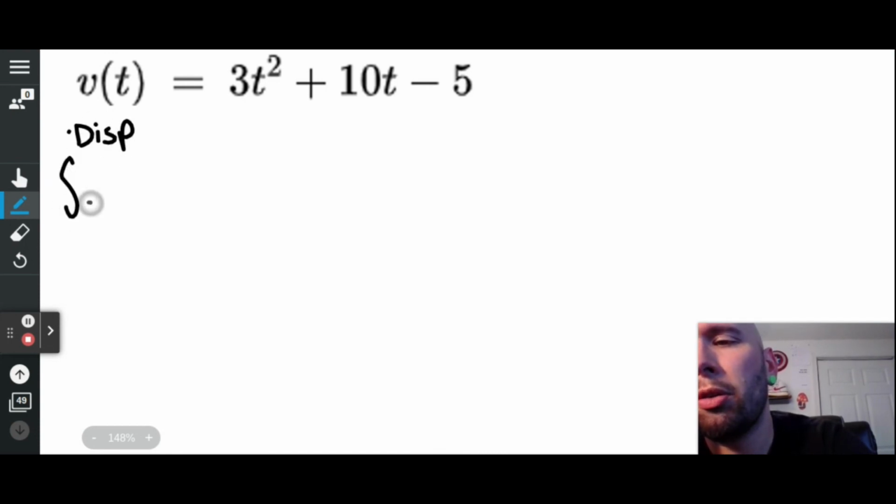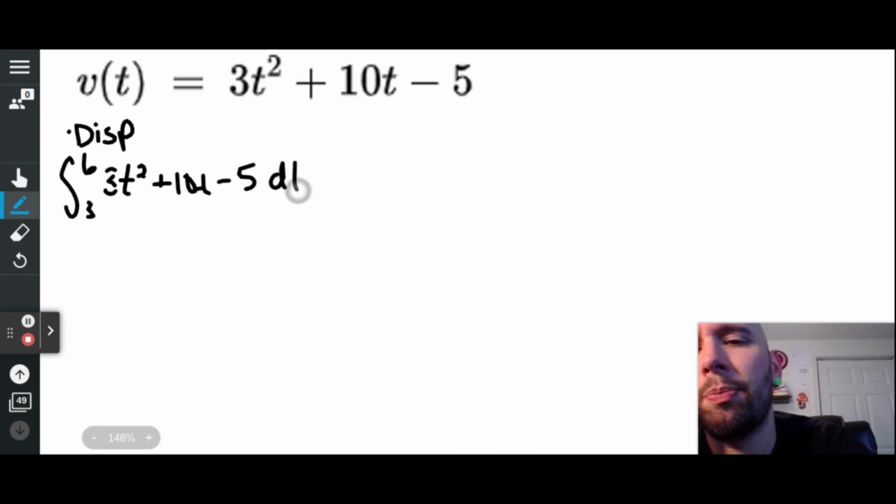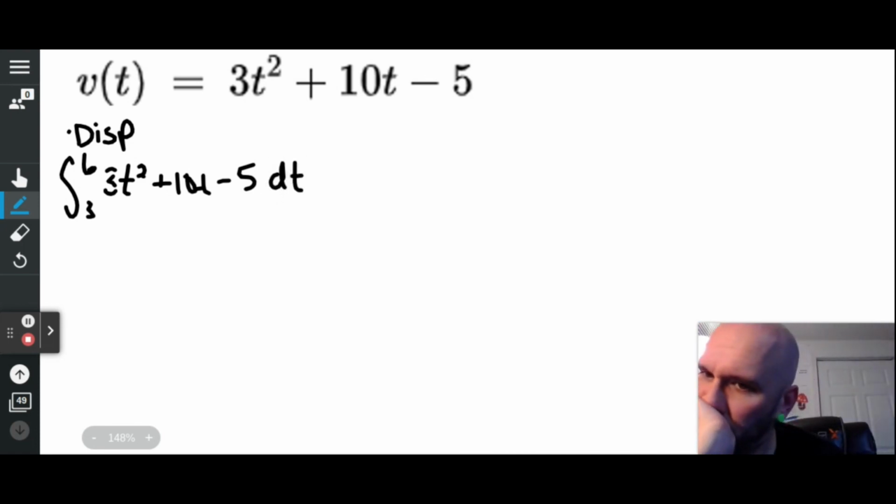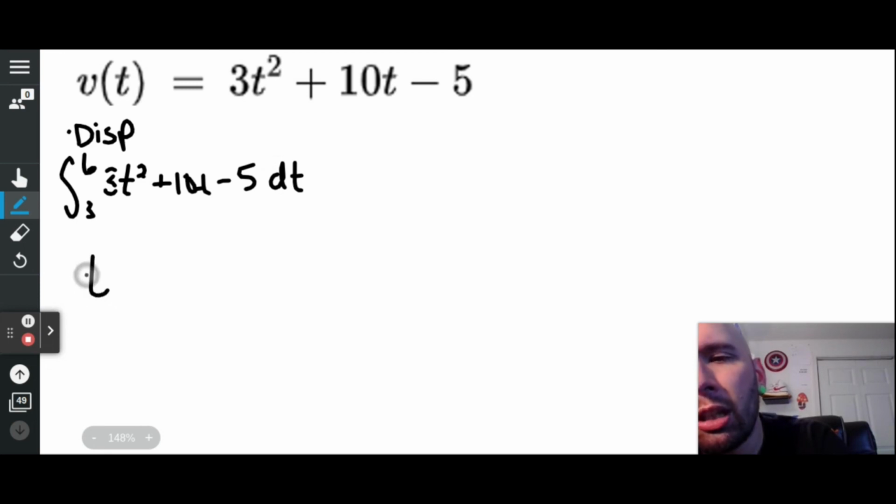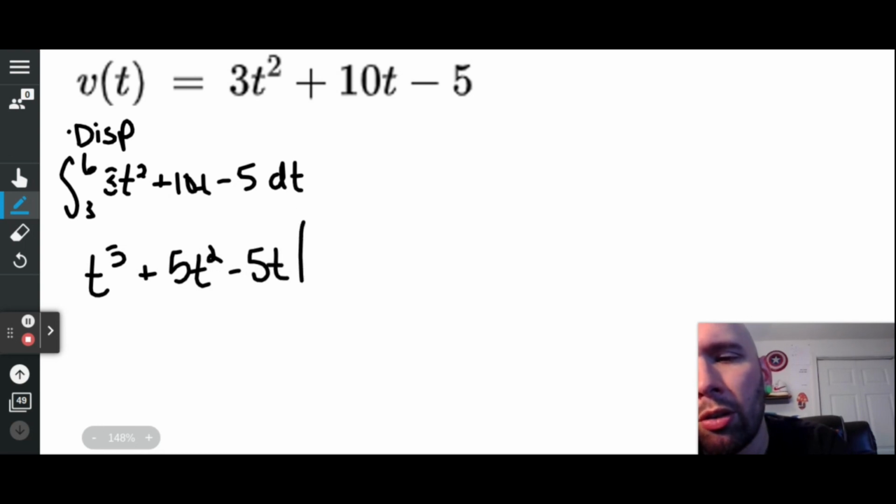Integral between 3 and 6 of 3t squared plus 10t minus 5 dt. That's going to become t cubed plus 5t squared minus 5t. Limits are 6 and 3.